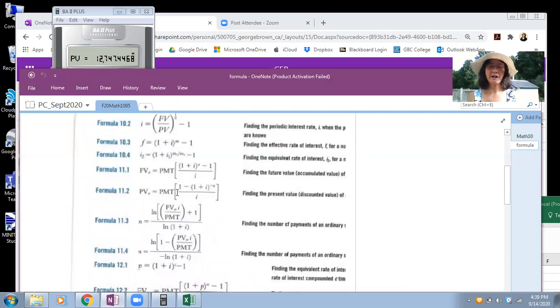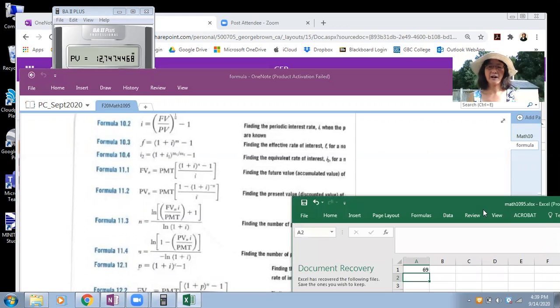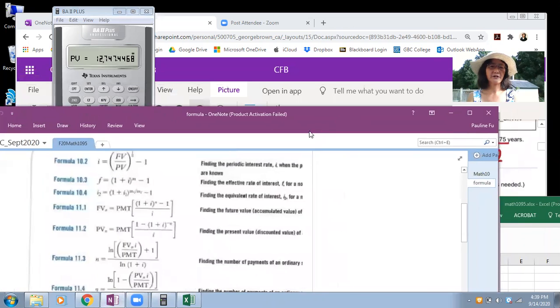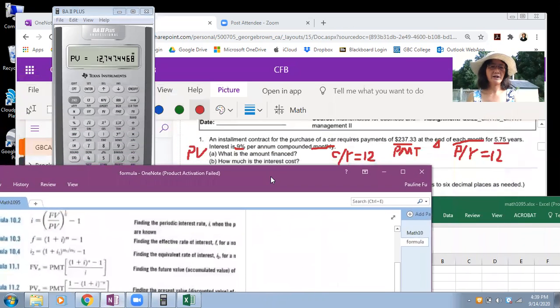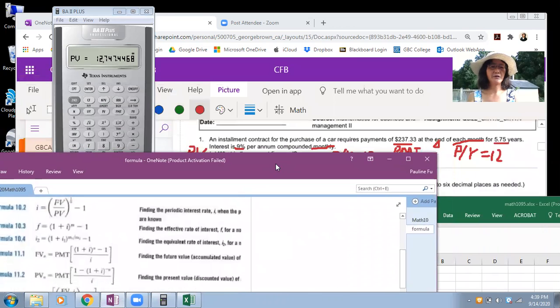So you know the PMT. You need to know i and n. So you need to know 3 items to figure out PV: one is PMT, the other is i, and then n. So let's identify those 3 items here. I just moved the formula here, so this is the formula on the bottom.